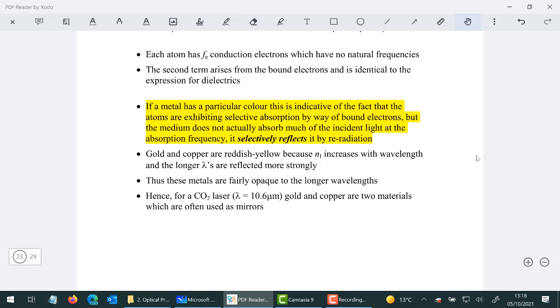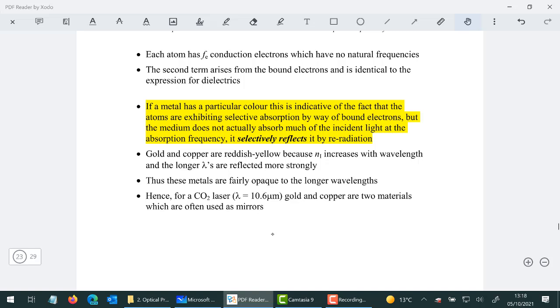So there are important differences between the behaviours of insulators and metals, and one of them is the mechanisms which give it its colour. For insulators, it's a transmission process.